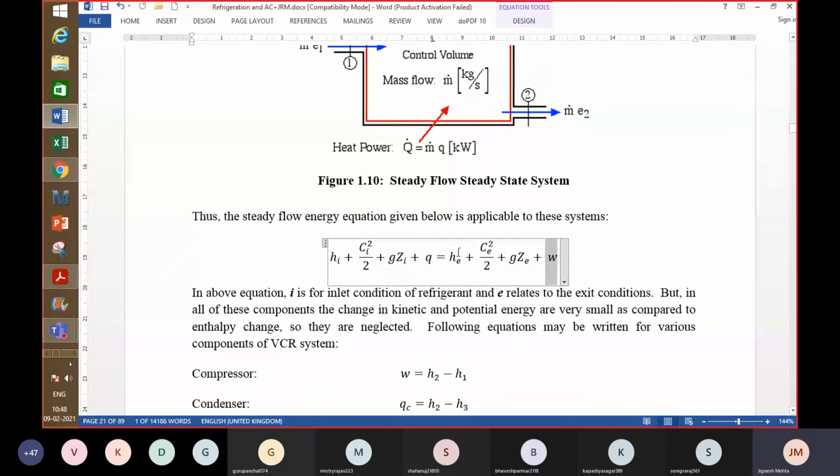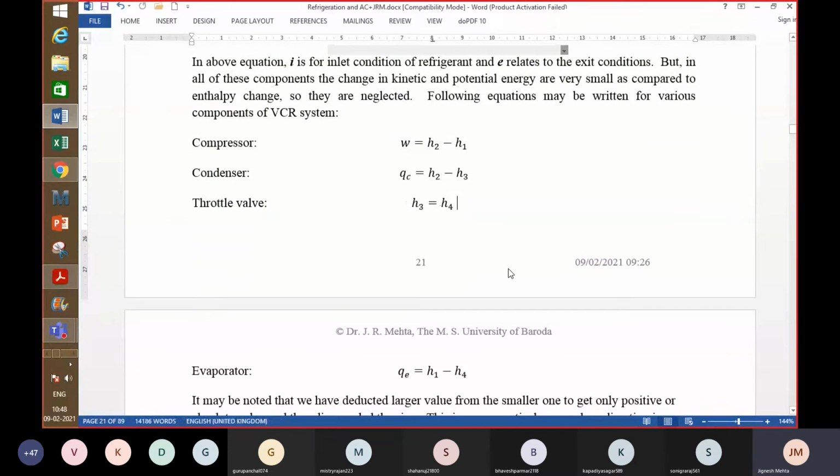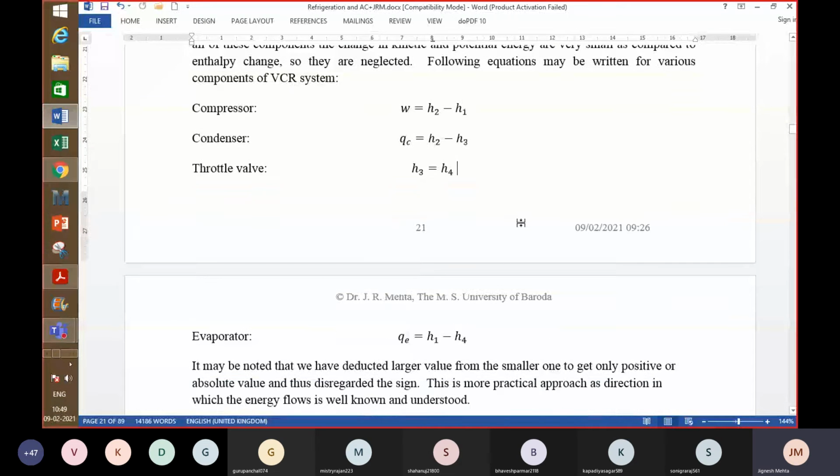So finally Hi is equal to He. That's the equation that you get, and you may wonder why this kind of equation should be there. But then you will find that it is still an important equation with the help of which we can solve the numericals. So H3 is equal to H4. That's what you state when you do the energy balance for the throttle valve.